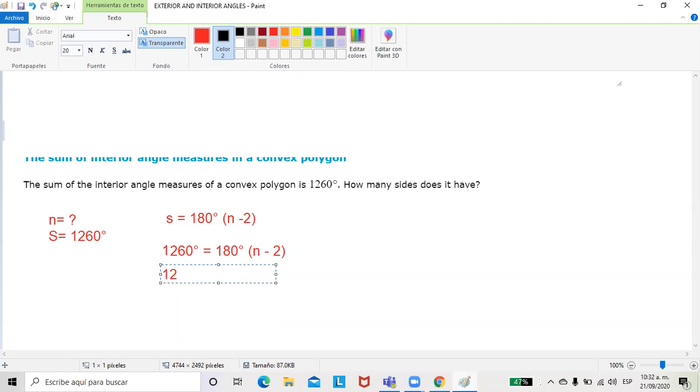So we have 1260 is equal to 180 times n minus 2.